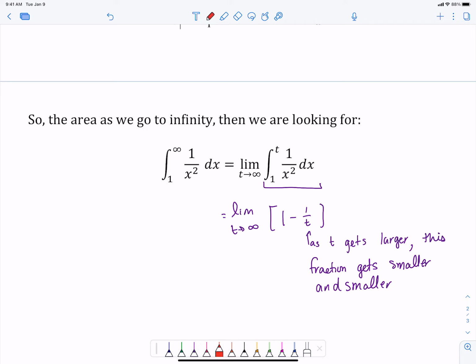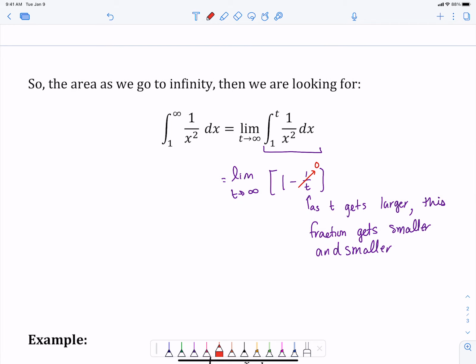In our math language, we write that this is going to 0, so we draw a little arrow through it. As t gets bigger and bigger, that's just going to keep getting smaller and smaller. So this means that our limit is going to be equal to 1.